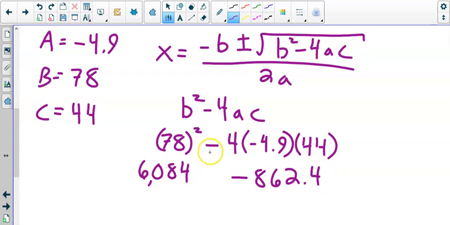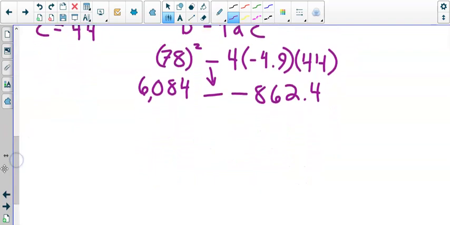And then we bring down the minus sign. So what we're really looking at is 6,084 plus 862.4. What do I get when I add those two numbers together?